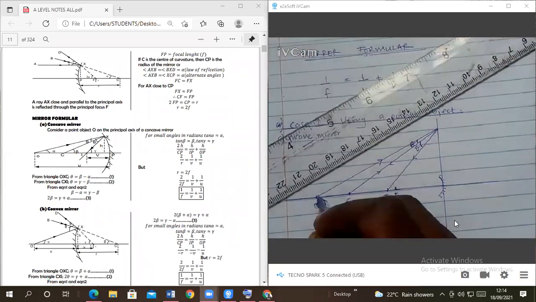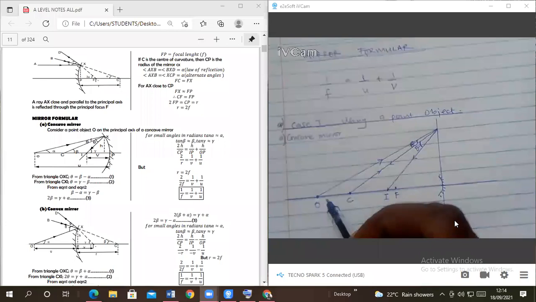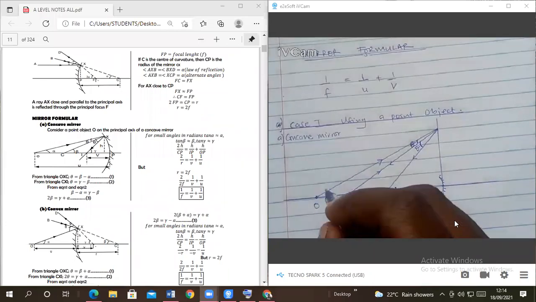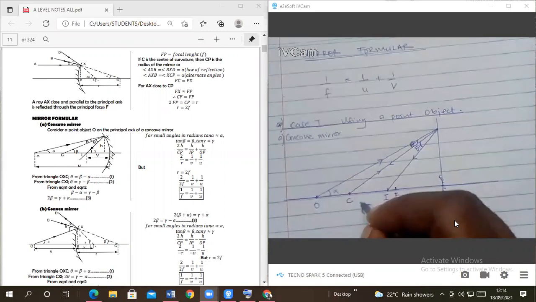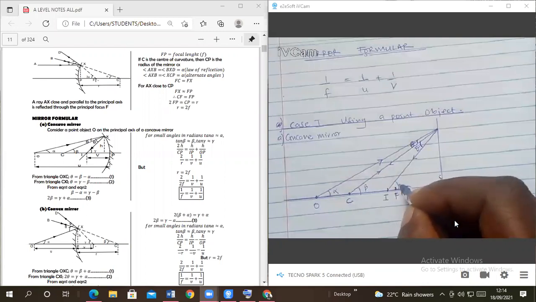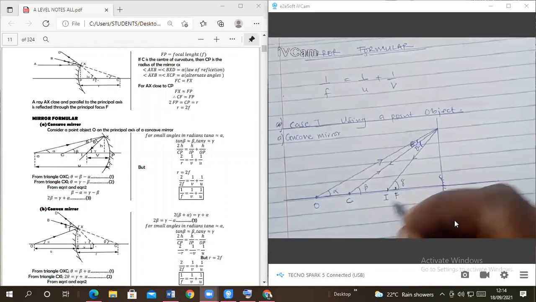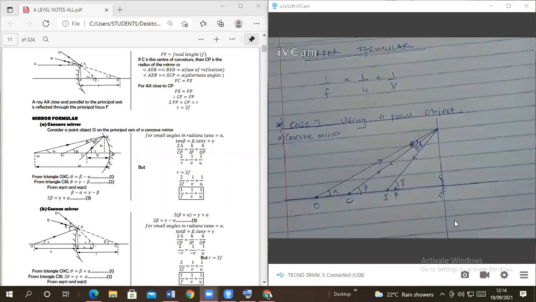Now, if the angle that the incident ray makes with the principal axis is alpha, and the angle that the ray that comes from the center of curvature makes is beta, and that of the ray of reflection with the principal axis is gamma, then we can find theta in terms of alpha and beta, and also we can find theta in terms of beta and gamma.